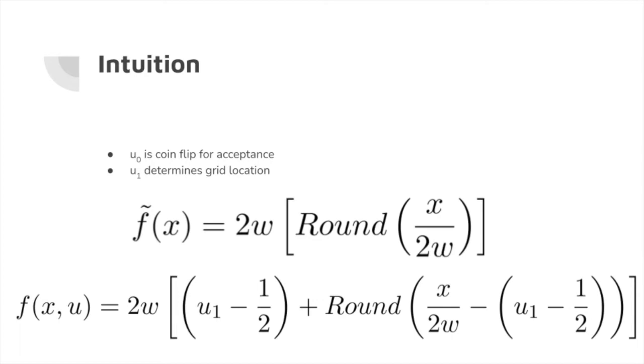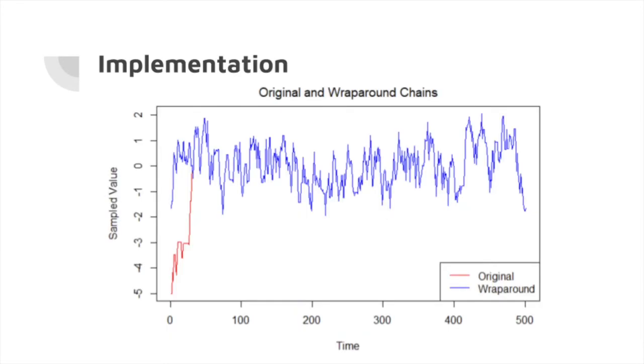But if we actually want to locate the grid randomly, what we can do is subtract a uniform random variable centered at 0, like U1 minus 1/2, from our x over 2w before rounding and add it back afterwards. And that is what allows us to randomize the actual location of the grid. So we also implement this one-dimensional random grid Metropolis using a standard normal distribution as the target distribution.